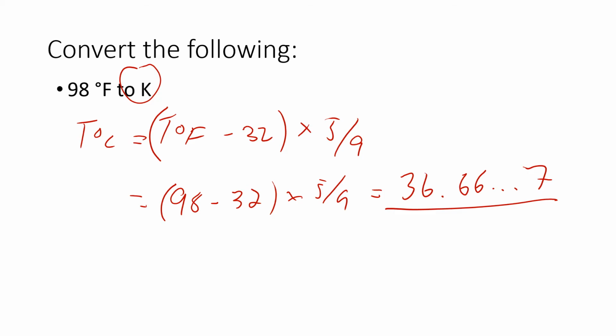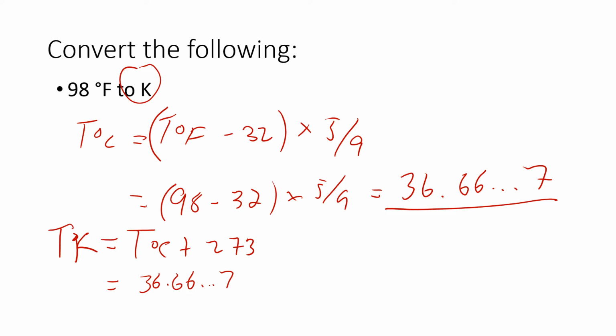See, there's no degrees in Kelvin. My bad, that was my mistake. Then plus 273. You're going to take your number and add it to 273: 36.66 repeating 7, plus 273.